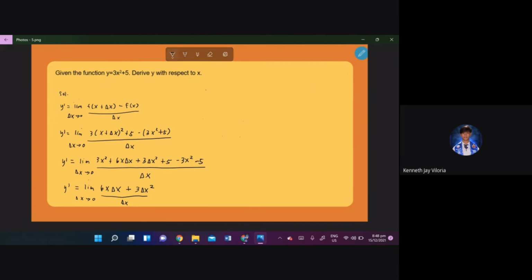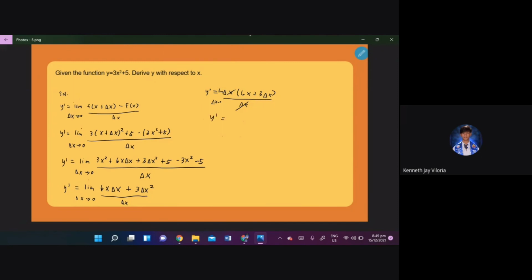Then, y prime is equal to change in x times 6x plus 3 change in x, all over change in x, as change in x approaches 0. So the change in x will be cancelled.